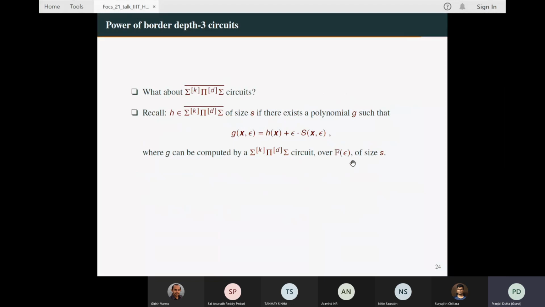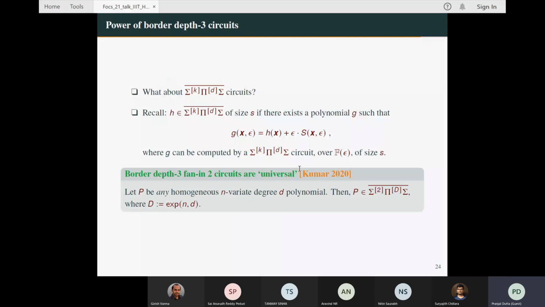You can arbitrarily use 1 by epsilon and epsilon inside the circuit as constants, and the limit is H. This has size s over F(epsilon); epsilon has no cost, as usual. So the question is how powerful these border classes are.